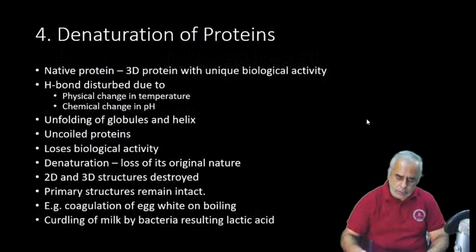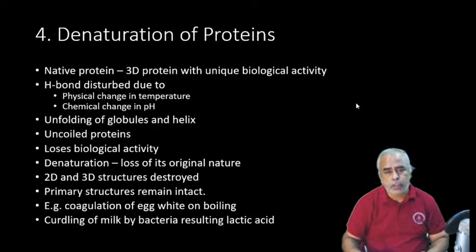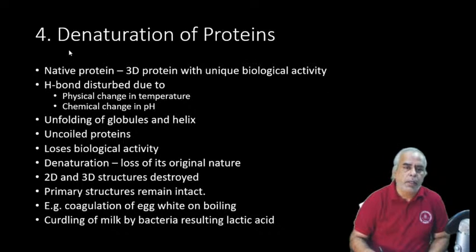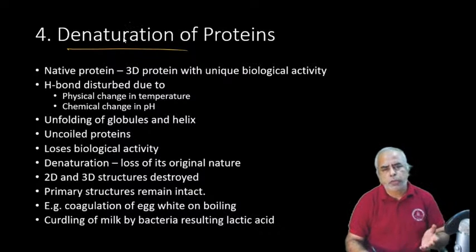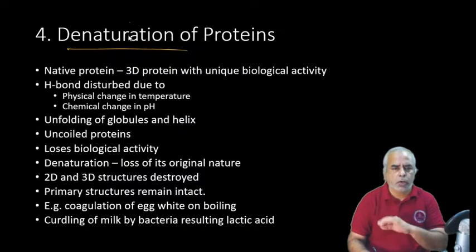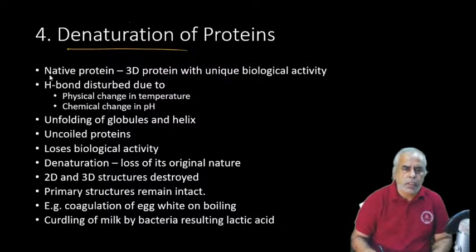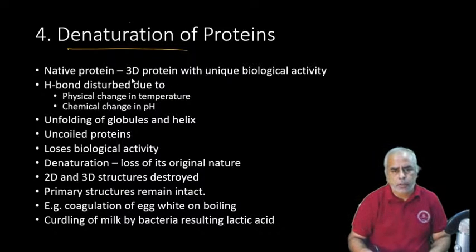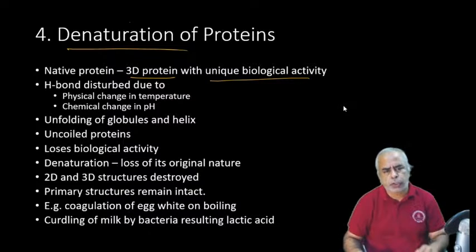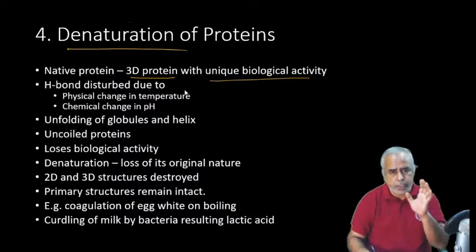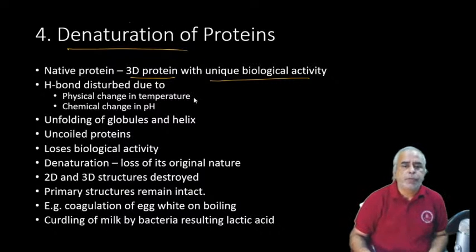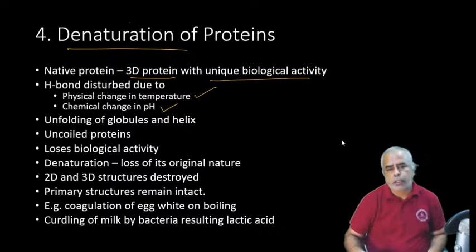So far we have discussed the structure of protein. Now let us get into the denaturation of protein. Denature means losing the nature of the protein. For instance, native proteins are 3D proteins with unique biological activity and structure. But these hydrogen bonded structures may be disturbed due to physical change like temperature or chemical change like pH.